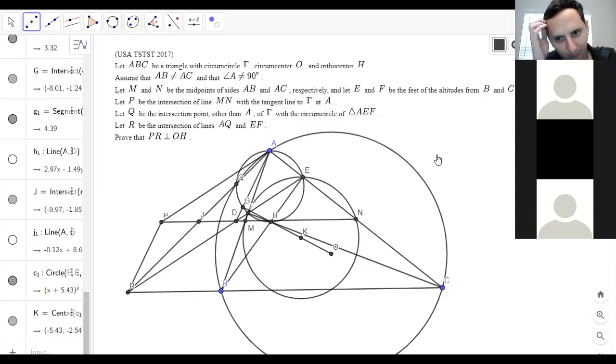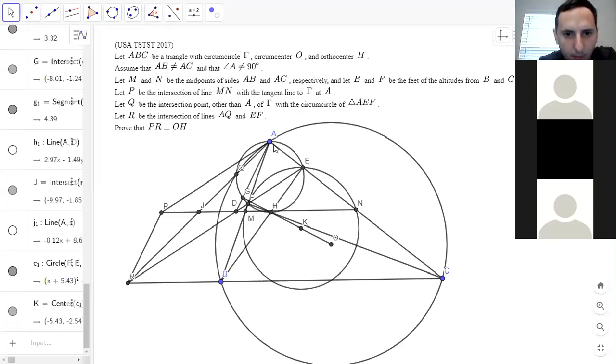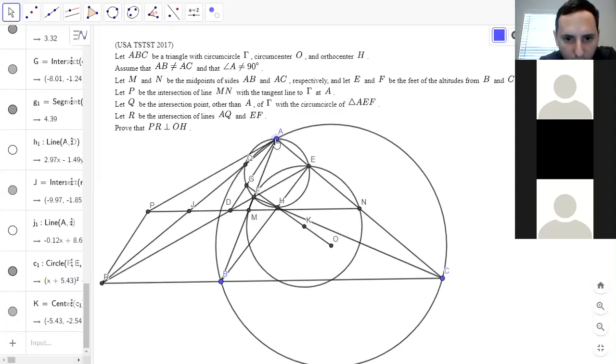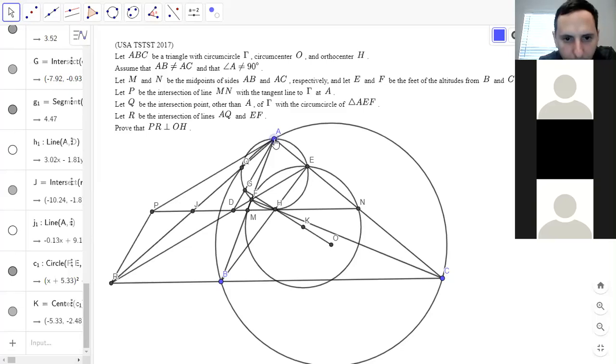Hold on a sec. Sorry, I'm a little confused. So we want to show that OH and G are not collinear. I kept thinking they were. We wanted to show OH is perpendicular to AD, but isn't it true just because of this circle, like angle AGH is 90, or what am I missing here?